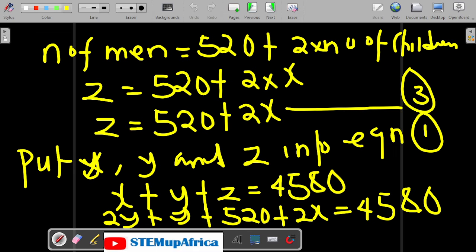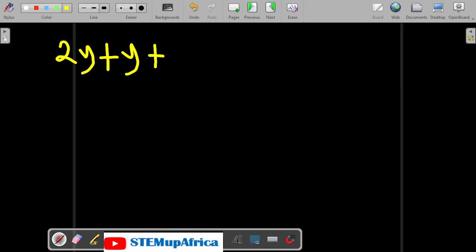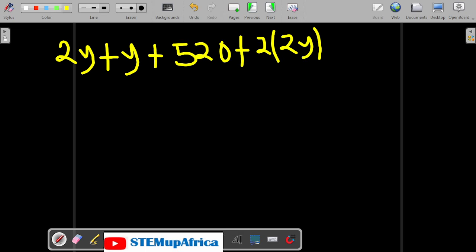So I'm going to have 2y plus y plus 520 plus 2 bracket, x is 2y, equals 4,580.